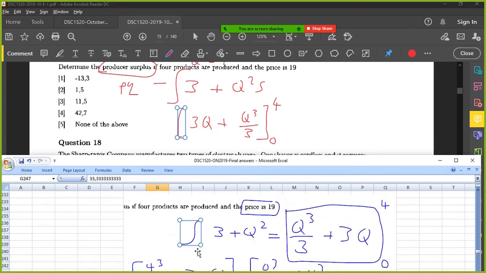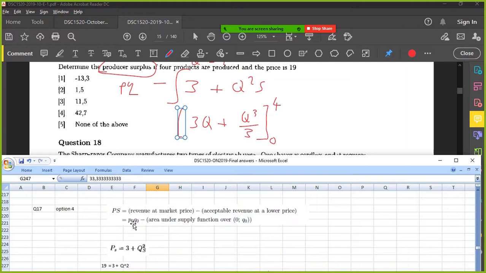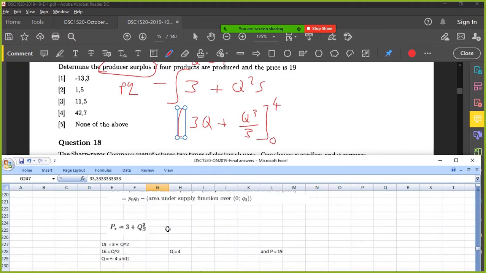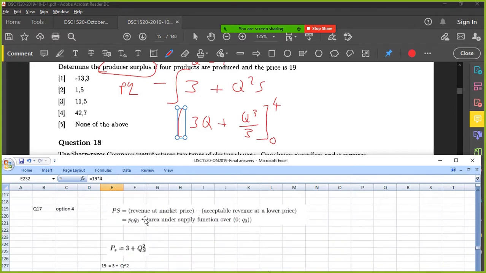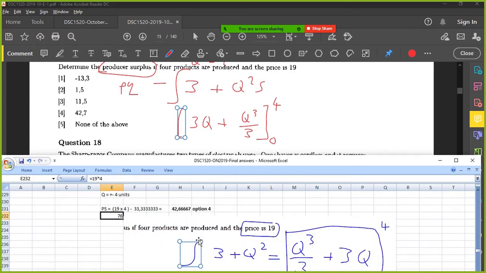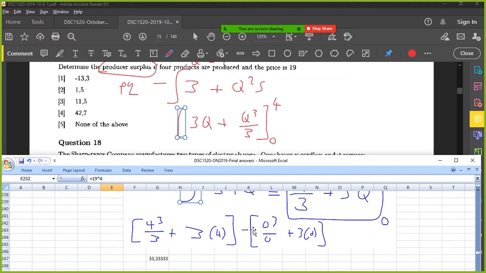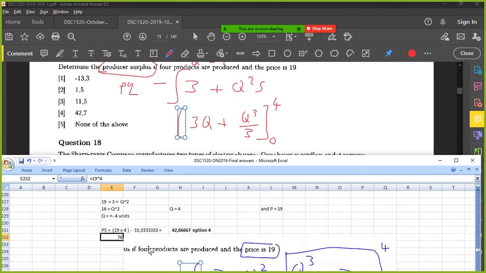Okay, and then going back to the formula said P0Q0. Okay, so what is P0? It was 19. So 19 times 4 is what? Let's work it out. 19 times 4 is 76. And then you're subtracting, okay, the area under the supply function, which is what we calculated there, the 33,3. Does that make sense?